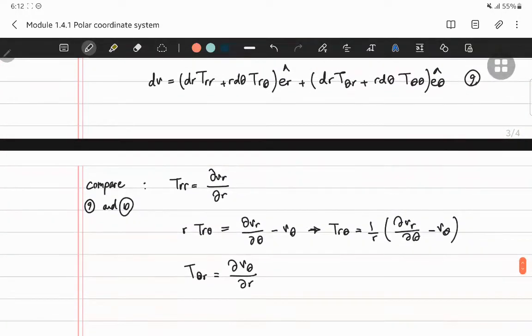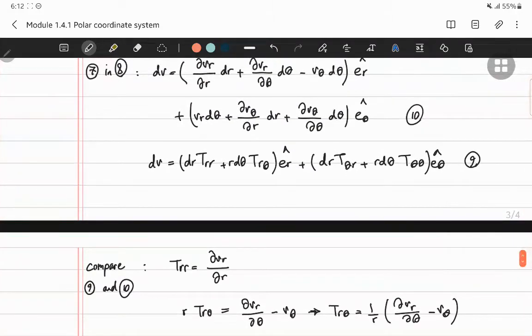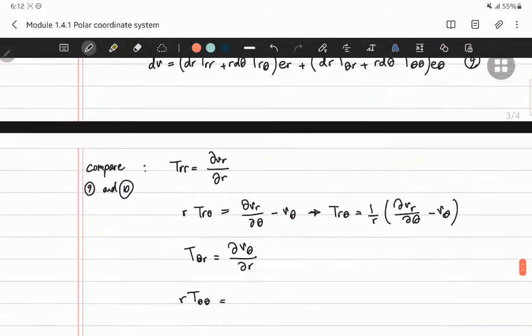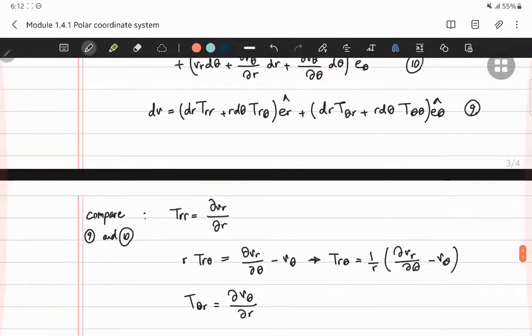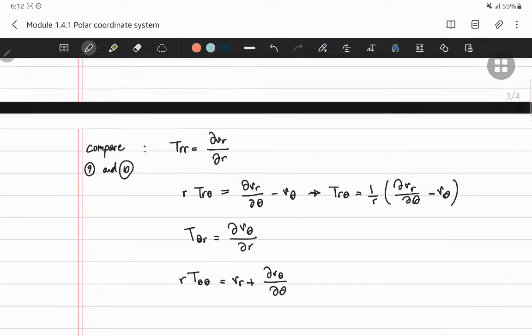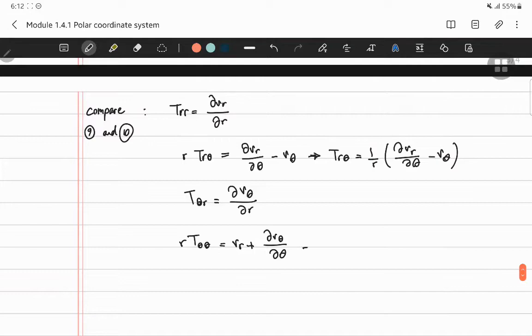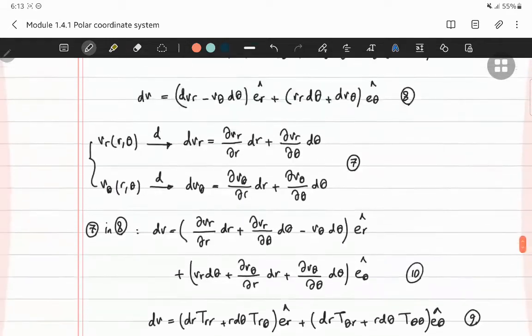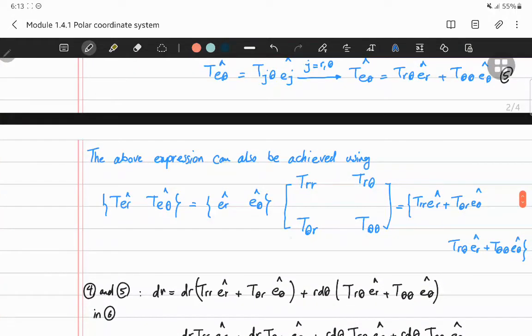And for T_θθ, I have this term and this term, so v_r plus the partial derivative of v_θ with respect to θ, if I'm not mistaken. Great. Therefore, T_θθ is equal to 1 divided by r times (v_r plus ∂v_θ/∂θ). And if you remember, I had this combination here.